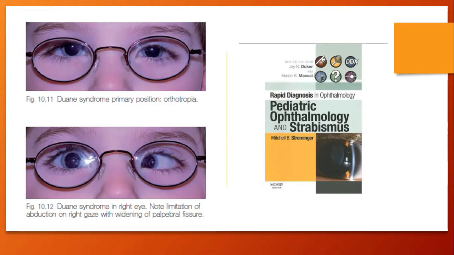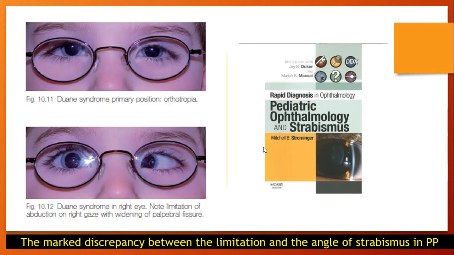So the narrowing is so subtle, but we depend on a secret clue, which is the marked discrepancy between the angle of strabismus and the limitation of movement.